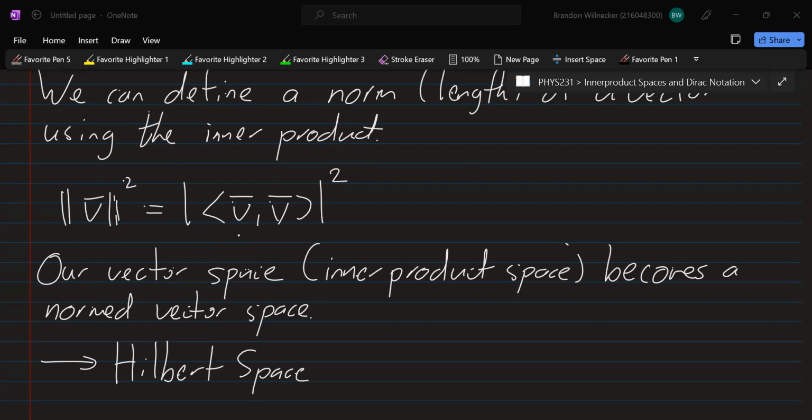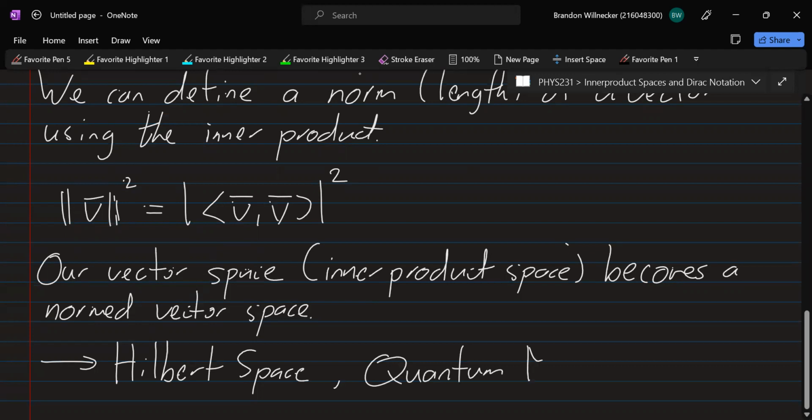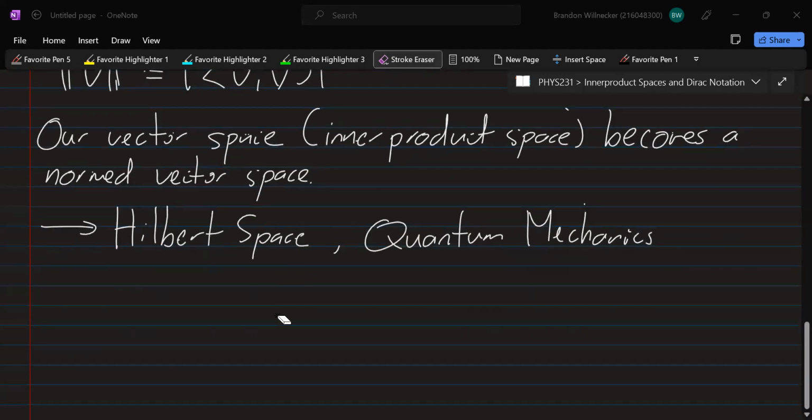That's what we're going to be using when we do quantum mechanics. In quantum mechanics, the states of the system are vectors in the Hilbert space, but we're going to be doing that later on. So that is a brief introduction to the idea of an inner product space. Just take a look at the homework problems for more details on that.